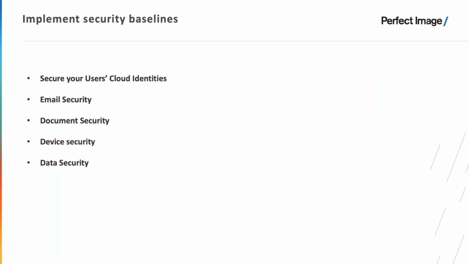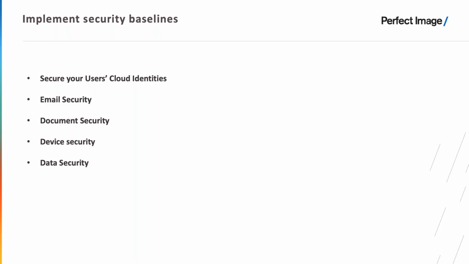So there are some baselines that you should be implementing within the business within these areas. Secure your users' cloud identities. Enforce MFA, ideally conditional-based access policies, and work towards that zero trust model. Email security: continue training and reinforce with simulated phishing attacks on users. Avoid making training feel like a penalty.